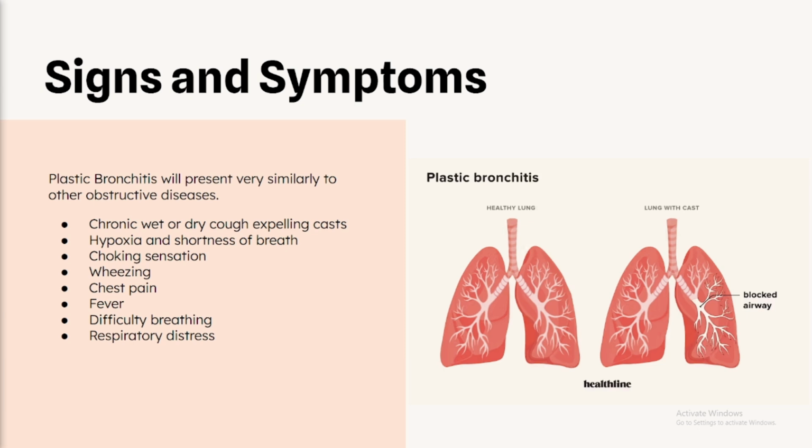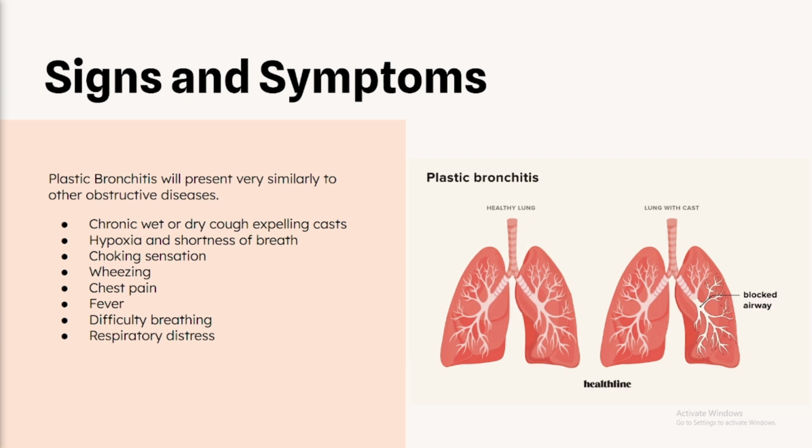Other symptoms include chronic cough, wheezing, shortness of breath, chest tightness, and hypoxia. In some cases, there can be a sudden and dramatic respiratory decompensation if a cast dislodges and completely blocks a major airway. These cases are often mistaken for asthma or pneumonia until the cast is expelled or visualized by bronchoscopy.